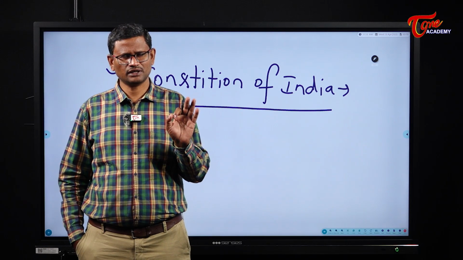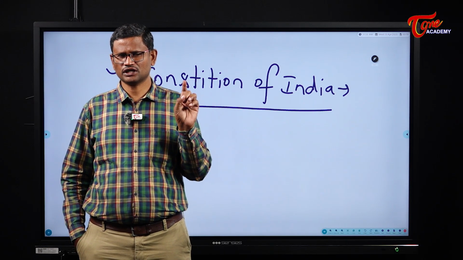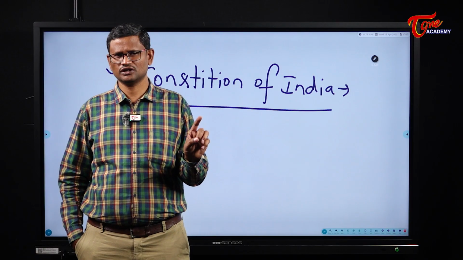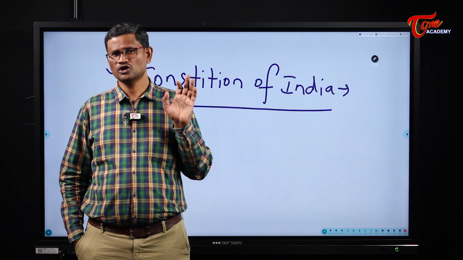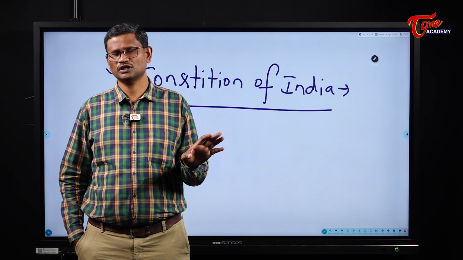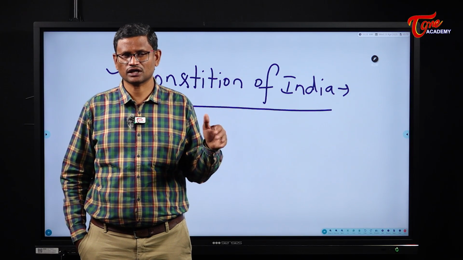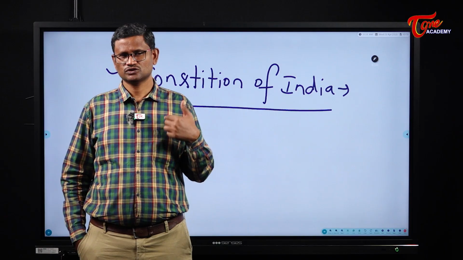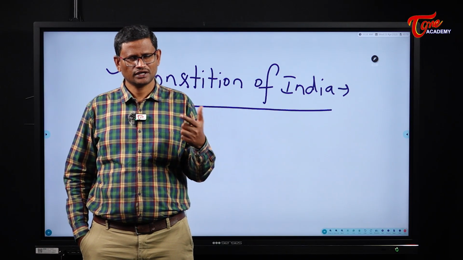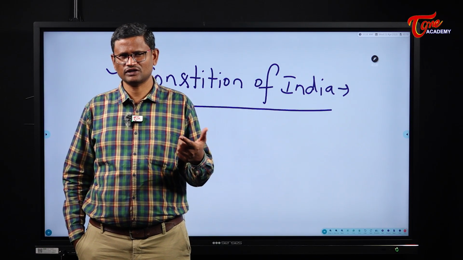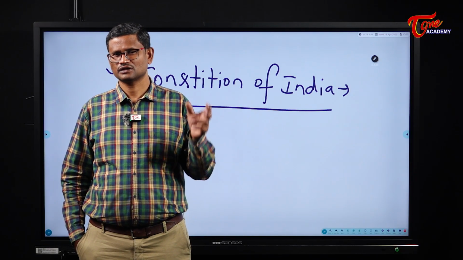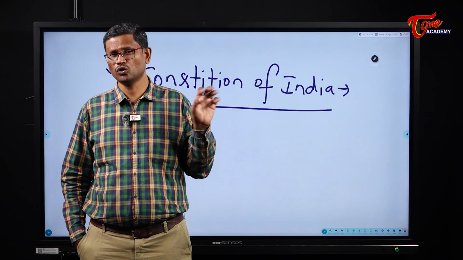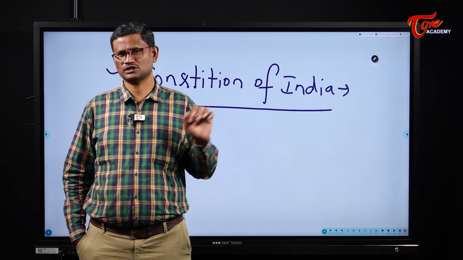So that's why Dr. B.R. Ambedkar has clearly said, if political democracy in India has to sustain, we need to put in place social and economic democracy. Without social and economic democracy, political democracy cannot continue in this country. So if the existing inequalities in the economic and social sphere are not corrected, then the people of this country will blow up the political democracy in this country.